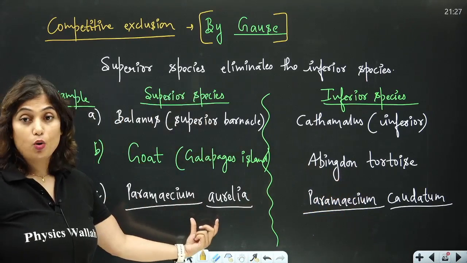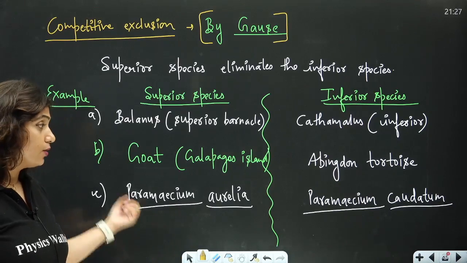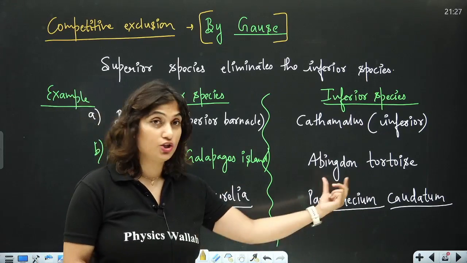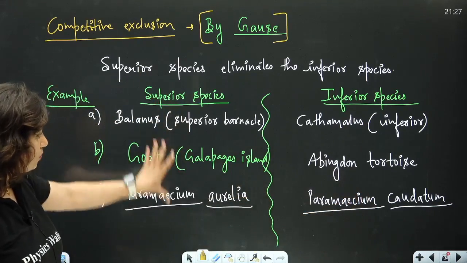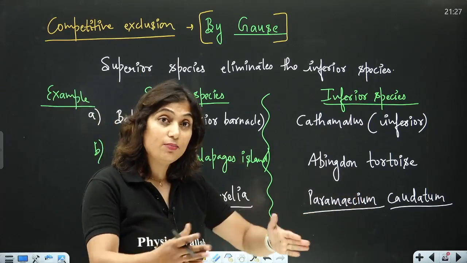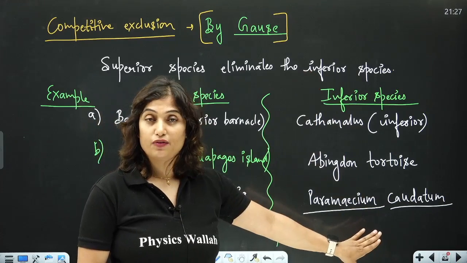Then Paramecium aurelia is the superior species which, if present with Paramecium caudatum, will remove Paramecium caudatum.